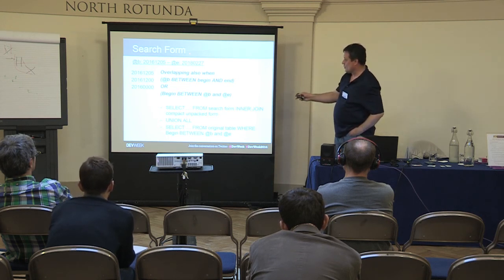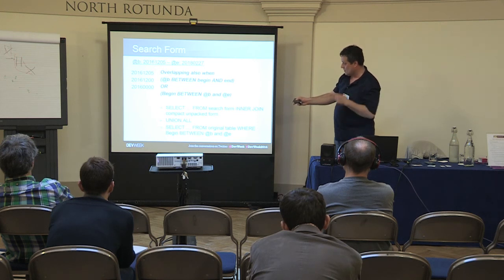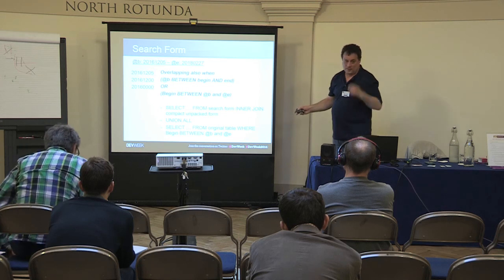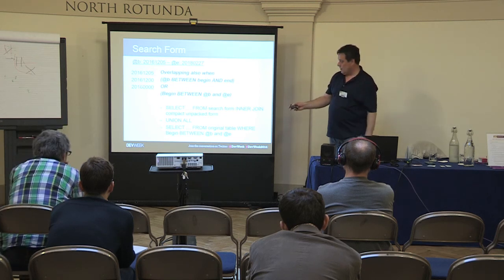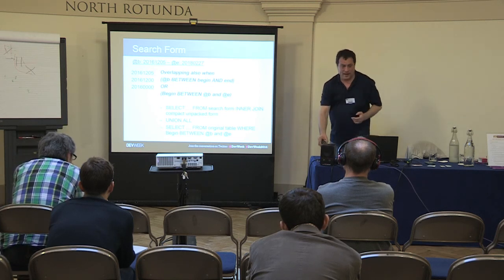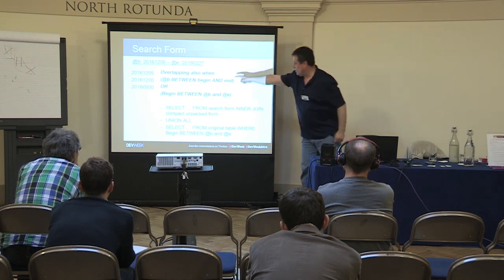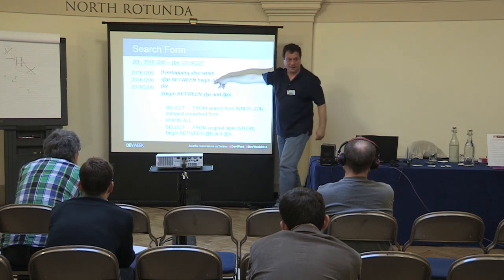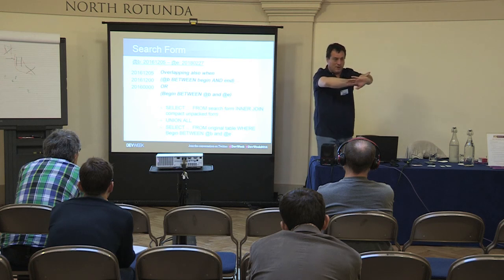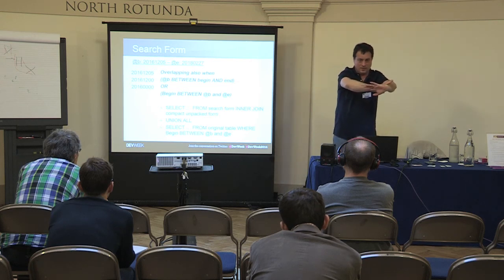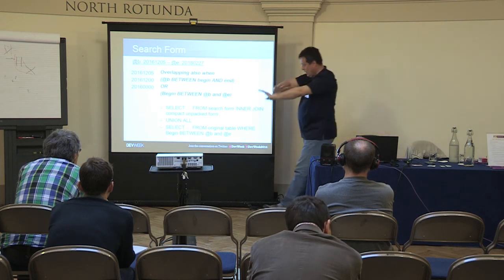Now I define the search form. So this is my interval. All I need is to convert this begin to this form. All I need is 3 rows on day level. This is day. What I will check is whether this begin is between begin and end, so I will join to this compact unpacked form.